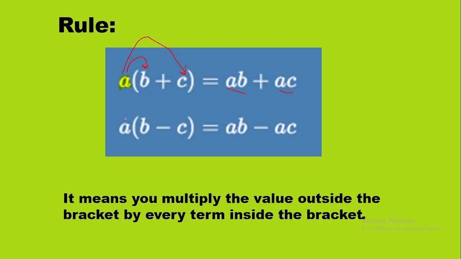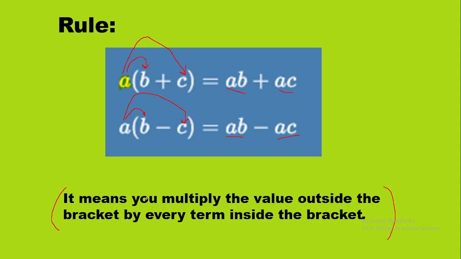Whereas below, A times B will give you AB, but A times negative C will just give you negative AC. Alright, now that we have the rules out of the way, I'm going to highlight this important note below.